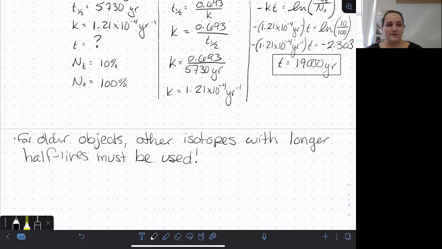Carbon dating is pretty common and works well for a lot of things, but it does have a limit because its half-life is long, but not incredibly long. We have a limit of about 60,000 years old, and after that there's going to be such a tiny fraction of the carbon-14 remaining that it's going to be hard to detect at all. So we just need to use a different isotope with a longer half-life. One of the longest ones is uranium-235, which has a half-life in the millions of years, so that works well for super old things. And there are lots of other options as well.